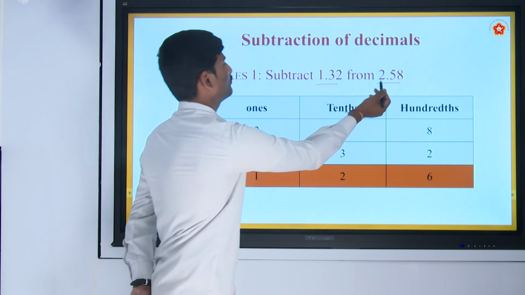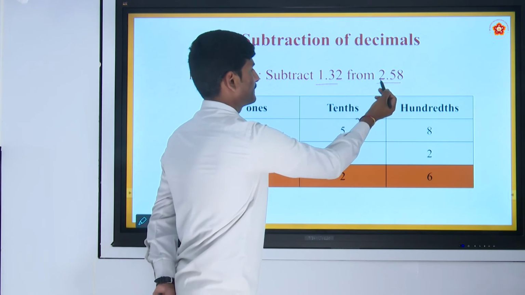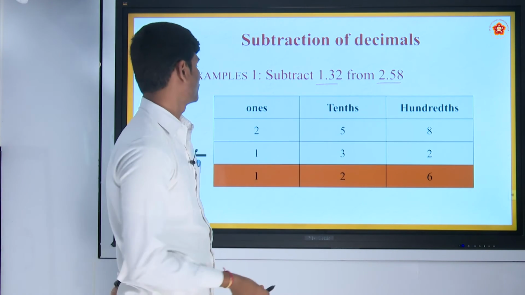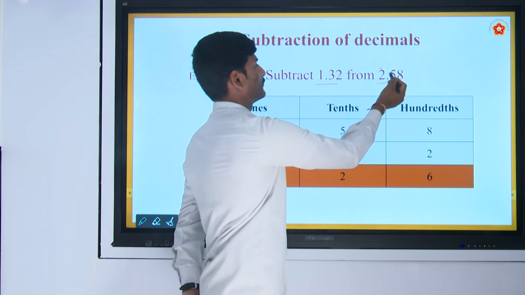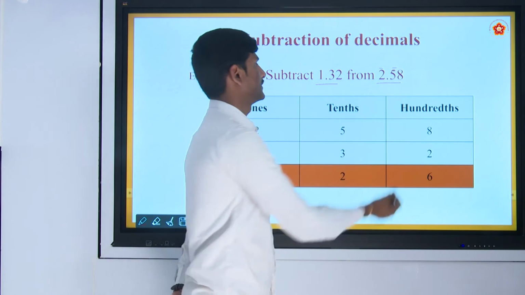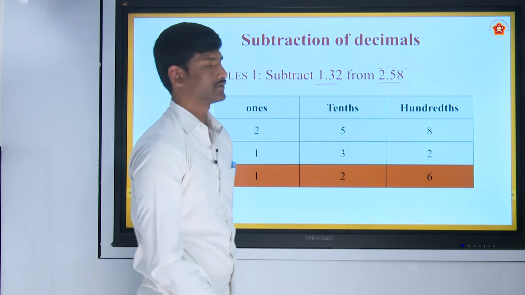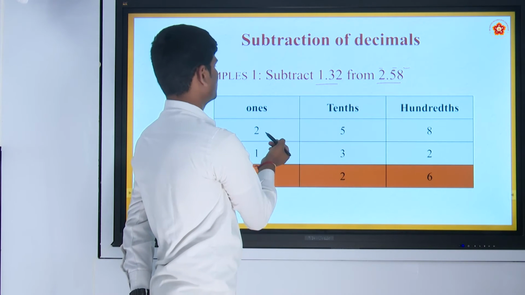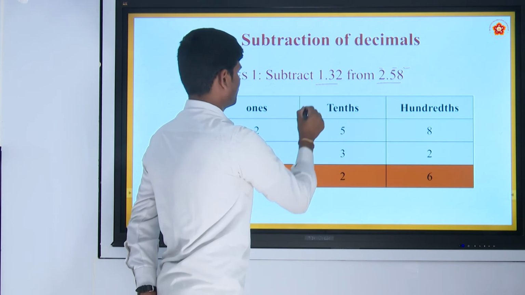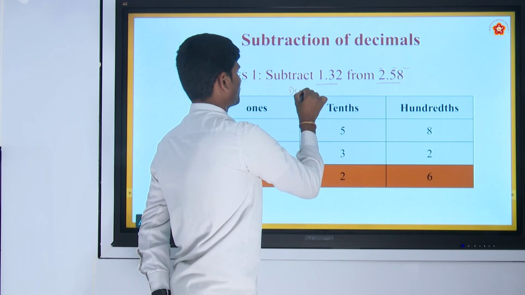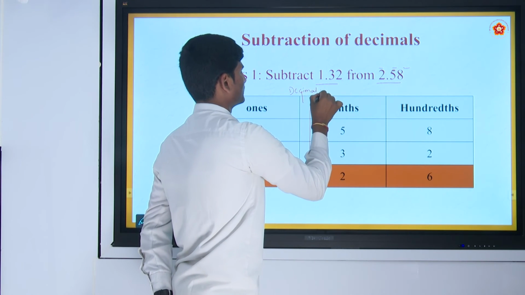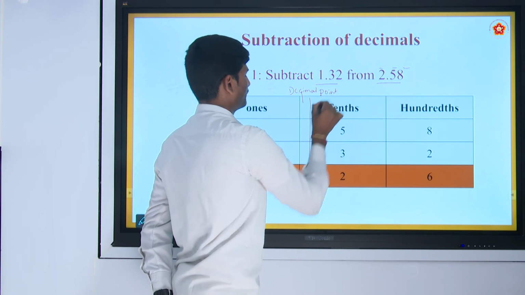First we write 2.58. What is the place value of 2? It is the ones place. 5 is the tenths place and 8 is the hundredths place. First we write 2 in the ones place. Here is the point, that is the decimal point.